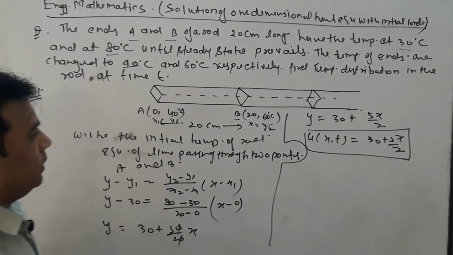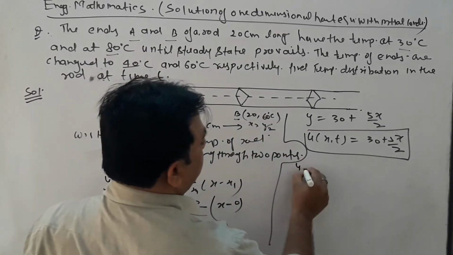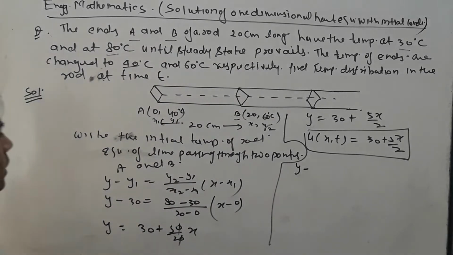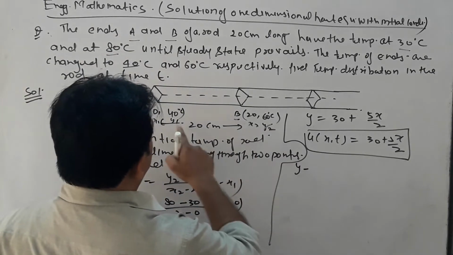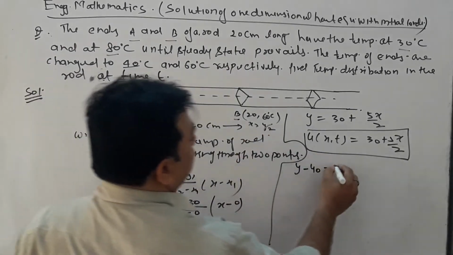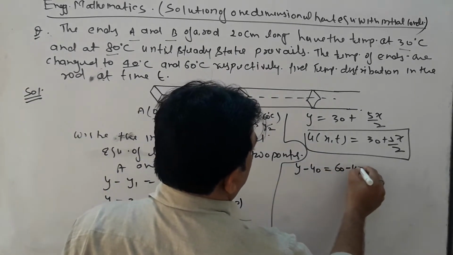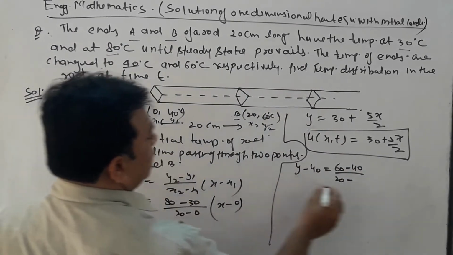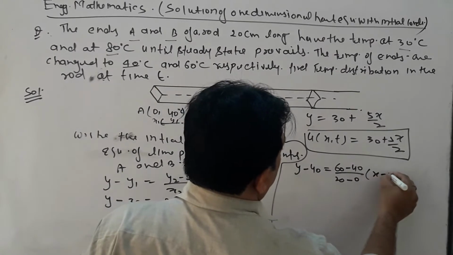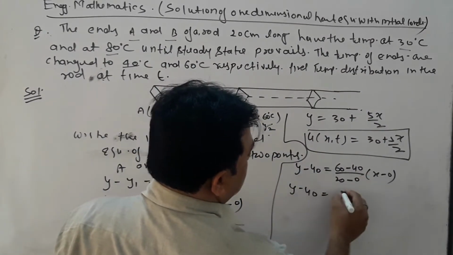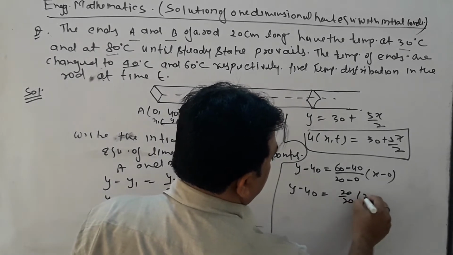Again we write the equation of the line passing through the two points. Second condition: y minus y1, which is 40, equals (y2 minus y1) which is 60 minus 40, upon 20 minus 0, into x minus 0. So y minus 40 equals 20 over 20 into x.